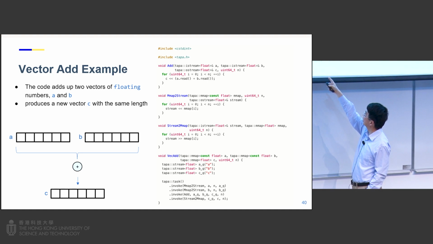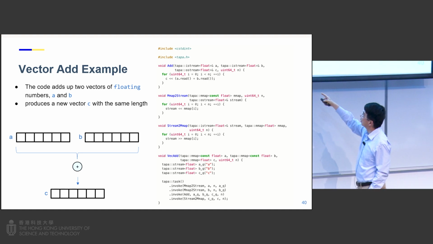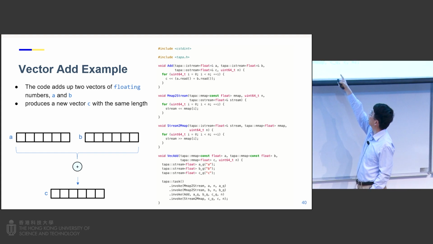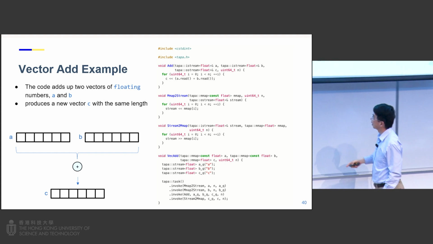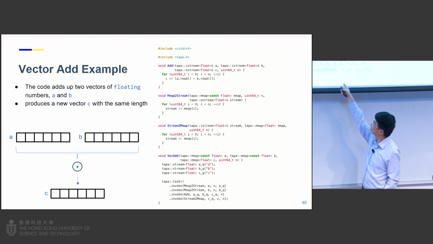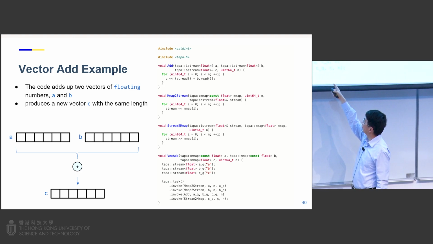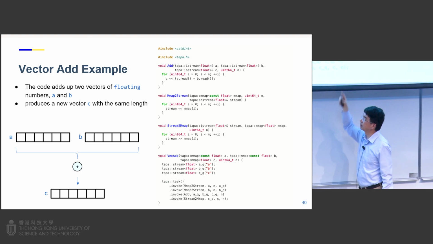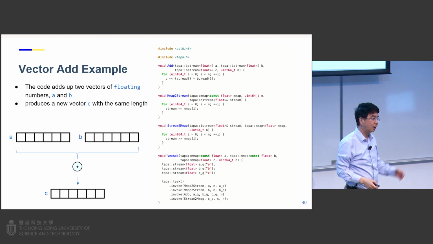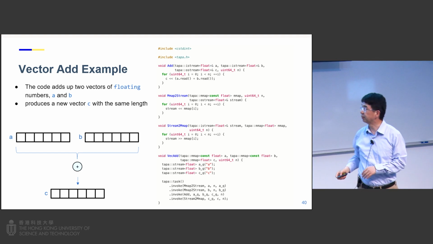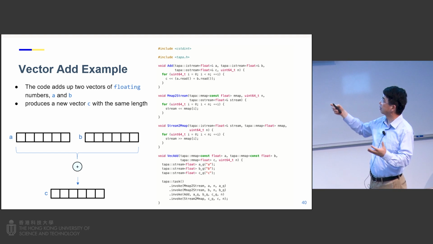And then you have memory to stream B, with n elements to BQ. Then you just add AQ, BQ, CQ, and the size of n. And then you do a stream to map. You write it to the C array, n times. So everything goes in a streaming fashion, and that's very regular.